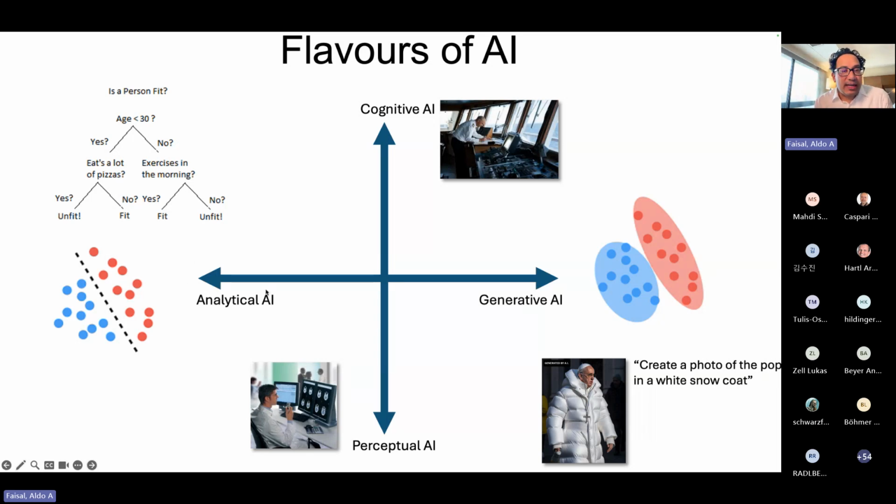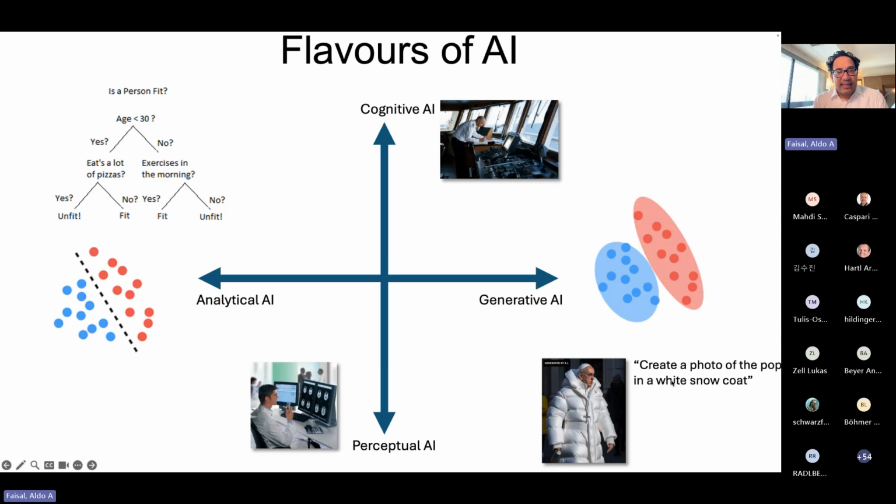Now, that in contrast with what we call generative AI, where you can ask the AI not just who is this, but you can also say, oh, create me a picture of somebody with black hair and in black glasses. Create a picture of this person, and you create a whole artificial face of a person. That's generative AI. So these are systems that not only understand the data, but have a sufficient understanding of the data to create new data.